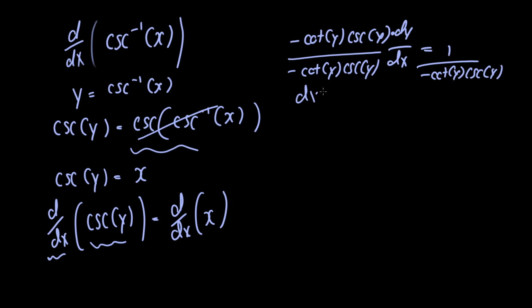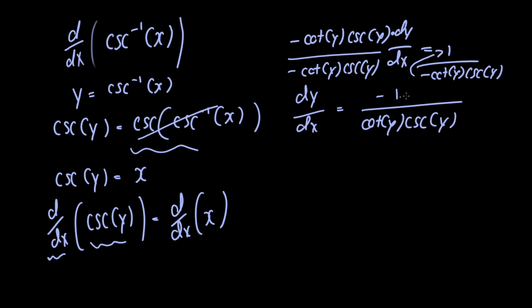So we're going to have dy over dx equals minus 1 over cotangent of y times cosecant of y. And we've just moved this negative sign up here, in case anyone's confused about this here.